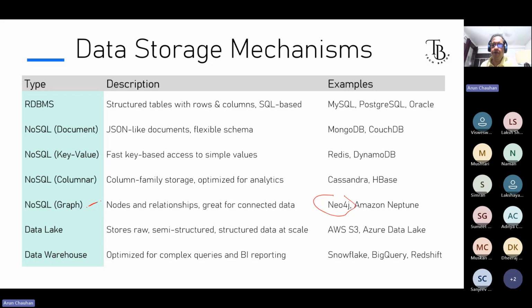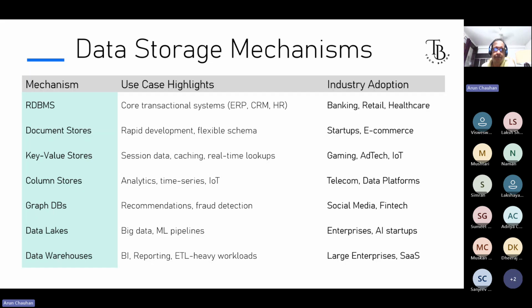Neo4j is a prominent tool, and there are options available from Amazon and Microsoft. In recent times, particularly what I have seen, there is a growing trend that graphical data is being brought into the machine learning models more and more. So maybe you need to spend some time to understand these aspects.